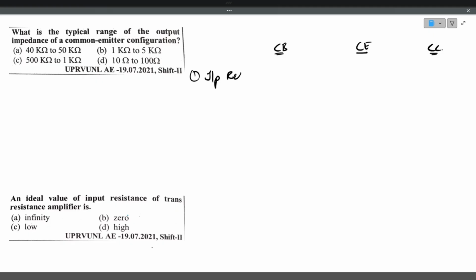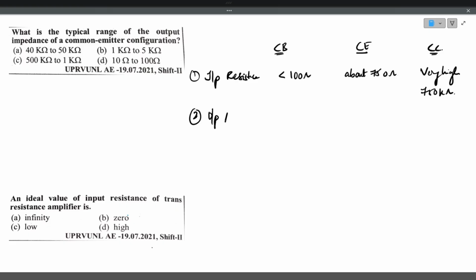For common base it is less than 100 ohms, for common emitter about 750 ohms, and for common collector it is very, very high, that is 750 kilo ohms.